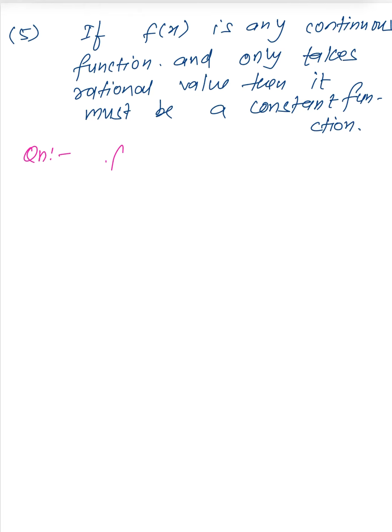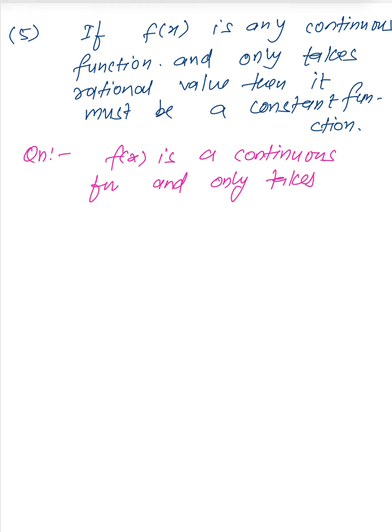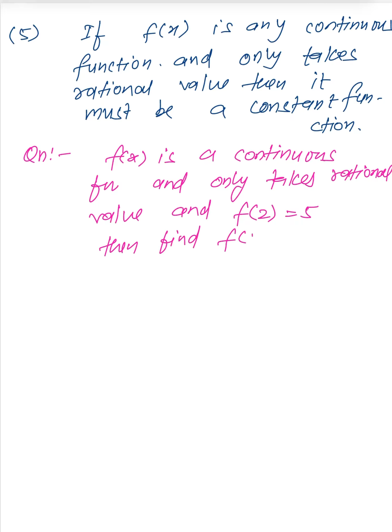It is given that f(x) is a continuous function and only takes rational values, and f of 2 is equal to 5, then find f of 10.